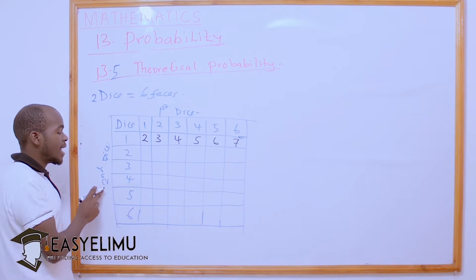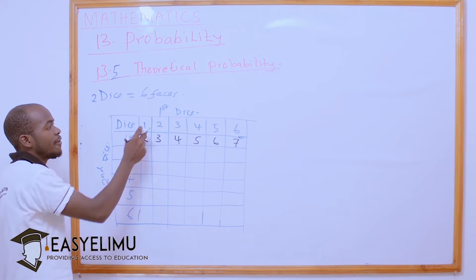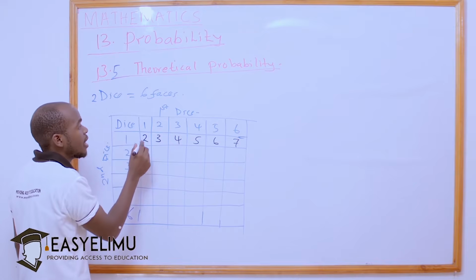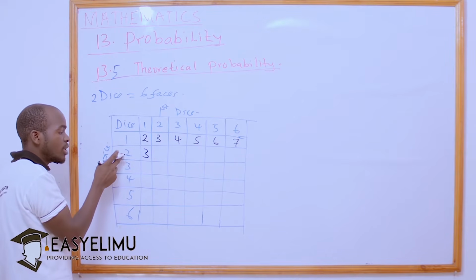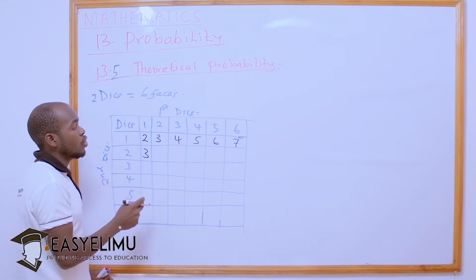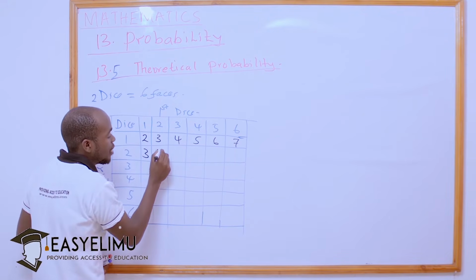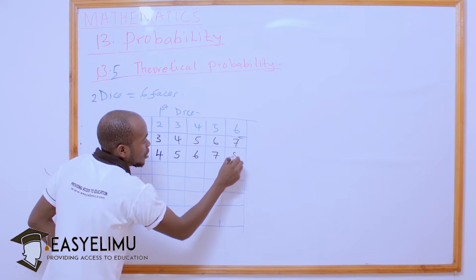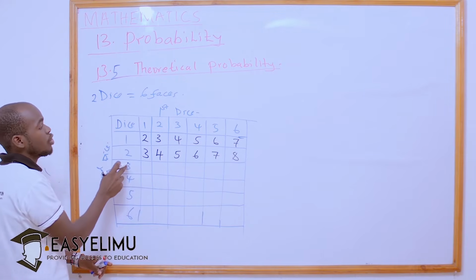And if the second die shows number 2, the first may show 1, meaning the sum may be 3. And if the first still shows 2, the other one may show 2, and if you sum, you will find 4. You continue in that way.